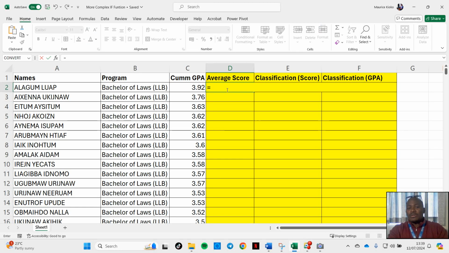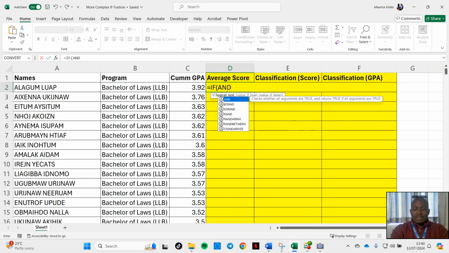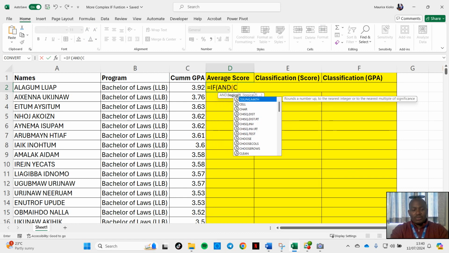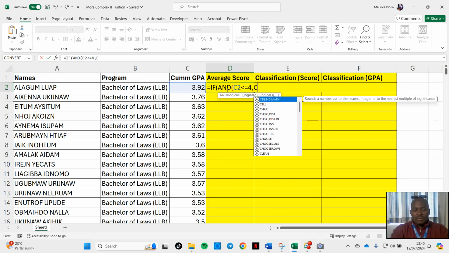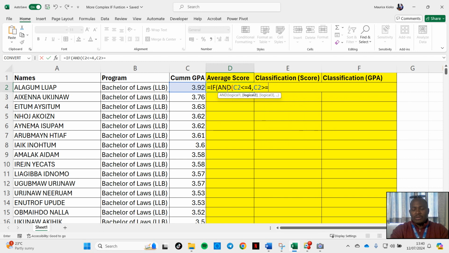We begin with equal, IF, open bracket, AND, open bracket, C2, which has been highlighted, is less than or equal to 4, comma, then again C2 is bigger than or equal to the lowest limit, which is 3.68.